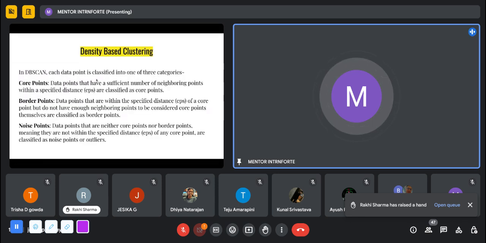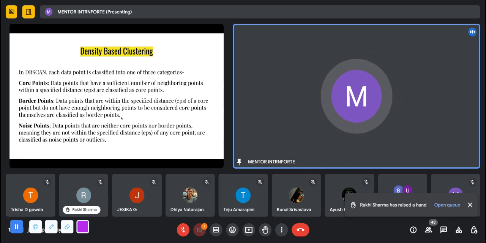In DBSCAN, each data point is classified into three categories. Core points: data points that have a sufficient number of neighborhood points within a specified distance, that is epsilon, are classified as core points. Border points are the points that are within a specified distance of a core point but do not have enough neighboring points to be considered core points themselves.